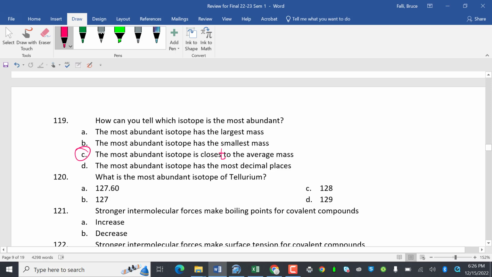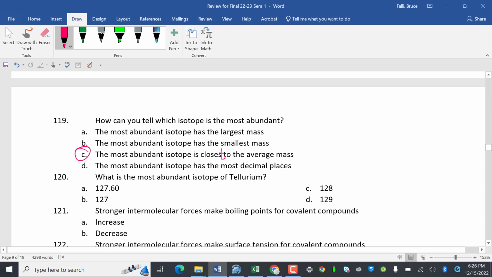What is the most abundant isotope of tellurium? Why did I pick such a weird one? I didn't know where it was. There's technetium, tellurium. Looking for tellurium. There's thallium. Oh, this is embarrassing. I thought I knew where all my elements were. Technetium.